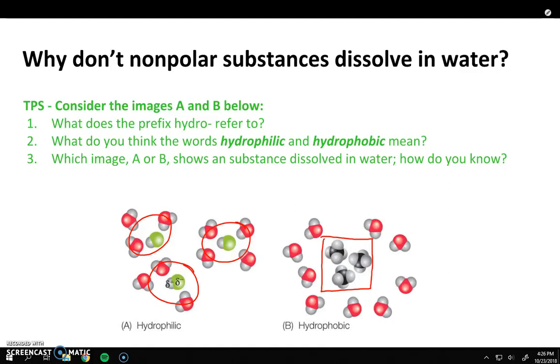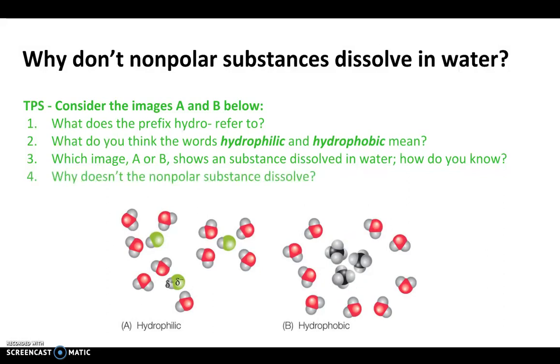They're grouped together and then the waters are staying away from them. So the nonpolar substance doesn't dissolve because there's nothing for the water to be attracted to. The water is more attracted to itself than it is to the nonpolar substance, and so the nonpolar substance just stays with the other nonpolar molecules, and all of the polar water molecules hydrogen bond and stay together.